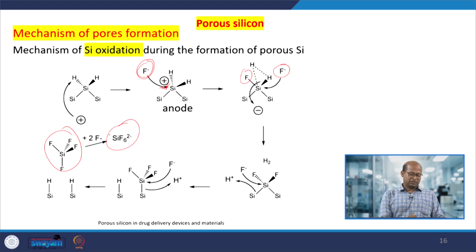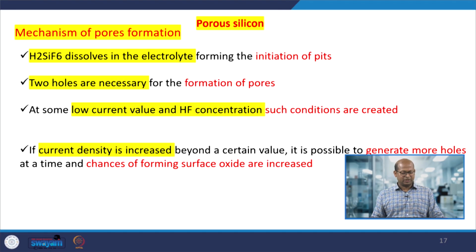This is a multiple step process: one by one fluoride interacts with the holes, and in that way SiF6 2 minus ions form. As I said, H2SiF6 that forms is dissolved in the electrolyte, and that is the beginning of hole formation. So initiation is by pit formation; initially pits form, and from there pore formation will start.